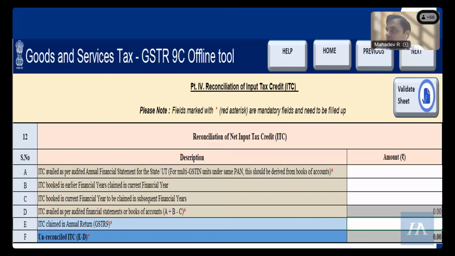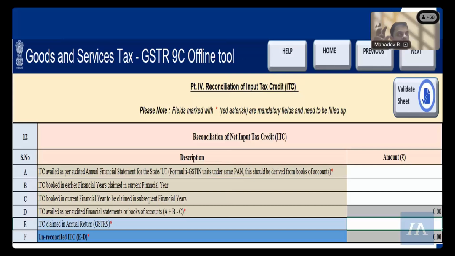12A, ITC as per financial statement is required to be filled. So for this table, you should consider only 90 lakhs. It is not 1 crore.